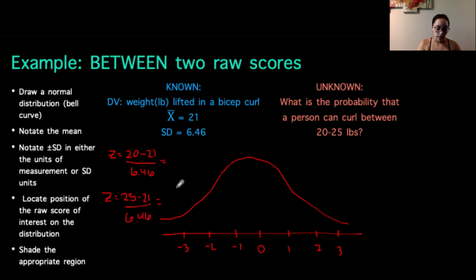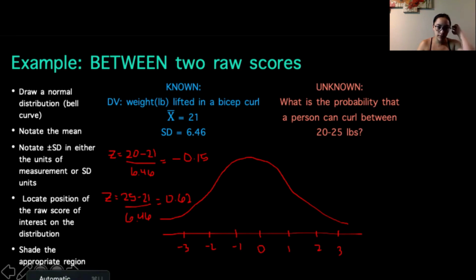If we do these in our calculator, we get negative 0.15 and 0.62. Okay, so one positive and one negative.